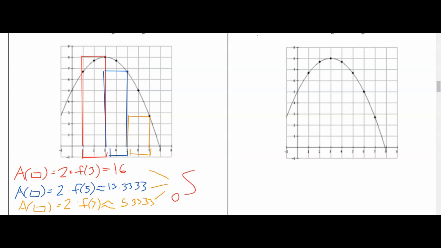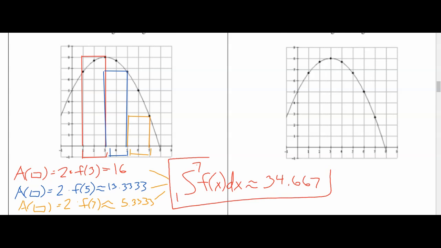It's the estimate of the integral from 1 to 7 up above. Integral 1 to 7 of f of x dx is approximately, well, if I add those all together, I get 34.667, depending on whether you round or truncate.